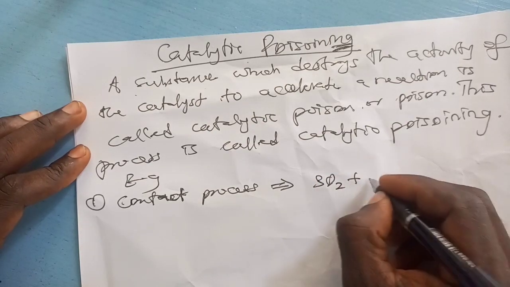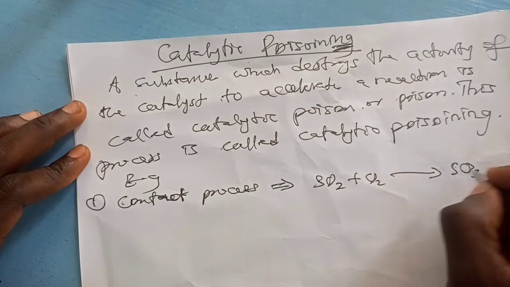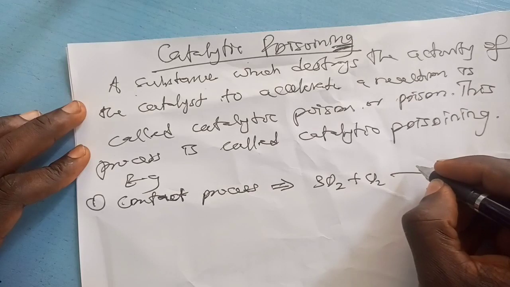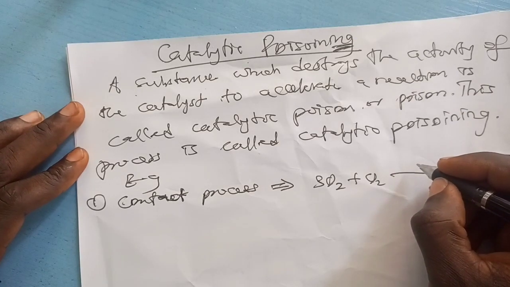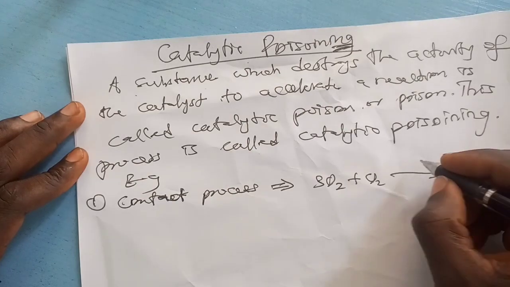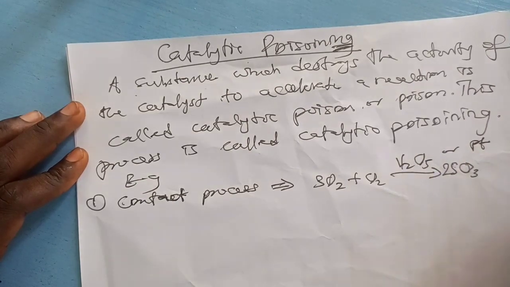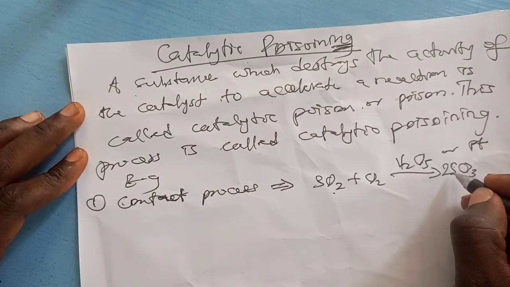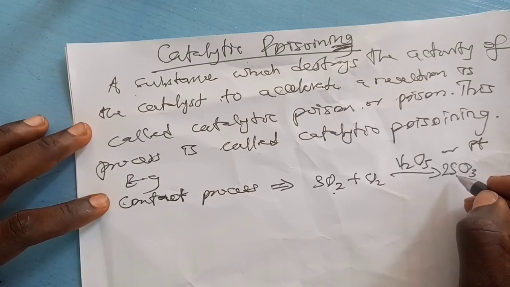The catalyst actually used is an oxide of a transition element called vanadium pentoxide, or you use platinum. This is the catalyst used to catalyze this reaction in the industrial preparation of sulfuric acid during the contact process.